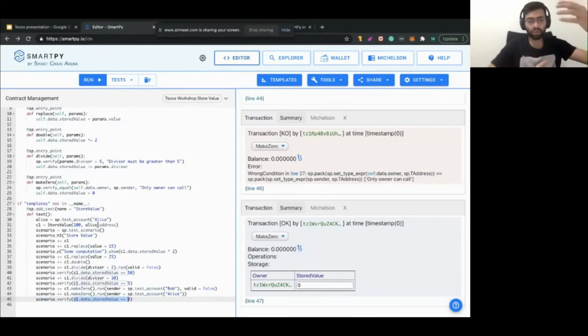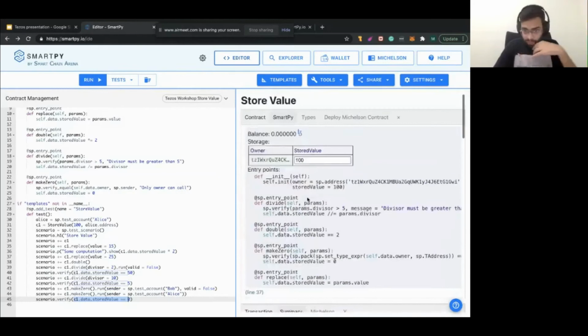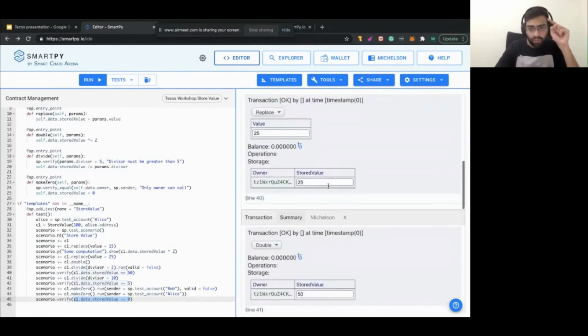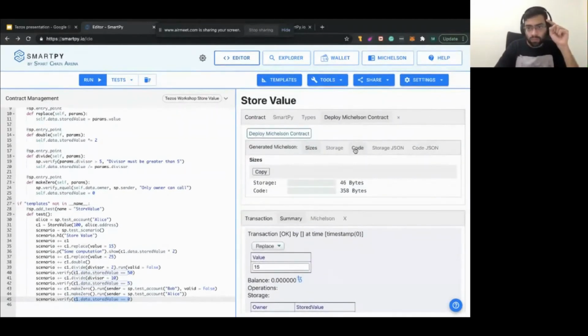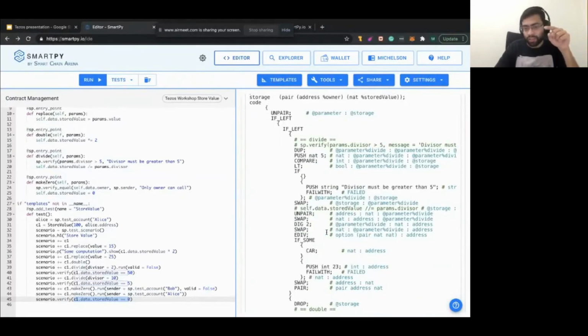What you did is you performed a series of steps to understand that your contract is behaving correctly, right? Now, I quickly want to show you the difference between the SmartPy contract and what is known as the Michelson contract. So boys and girls, this is the Michelson contract, and this is crazy.